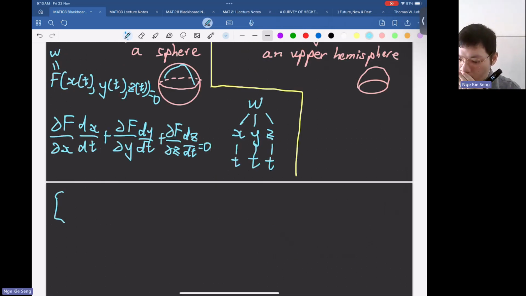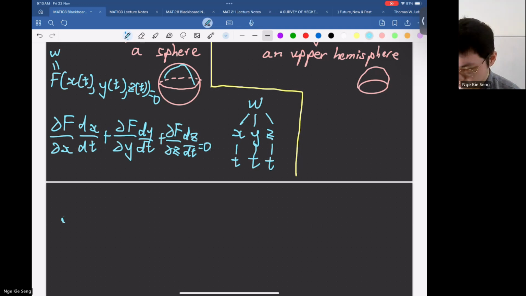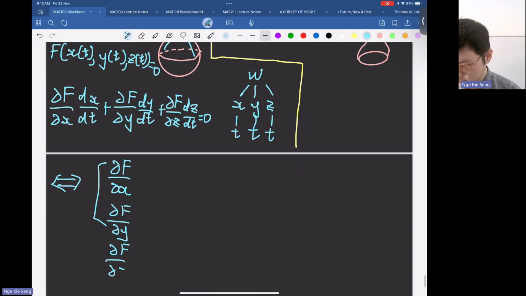So we can split this into a dot product like this: del f del x, del f del y, and del f del z.